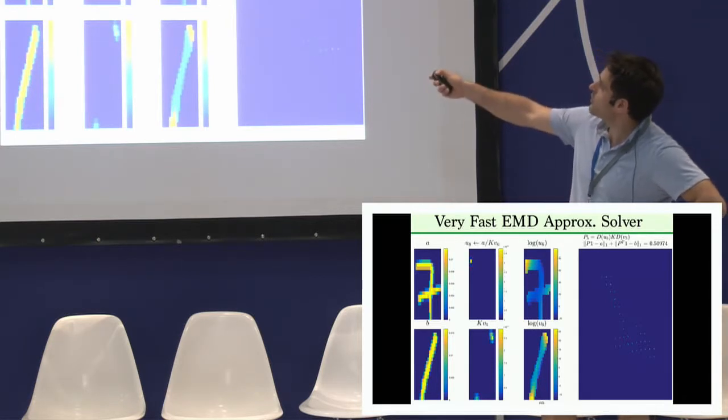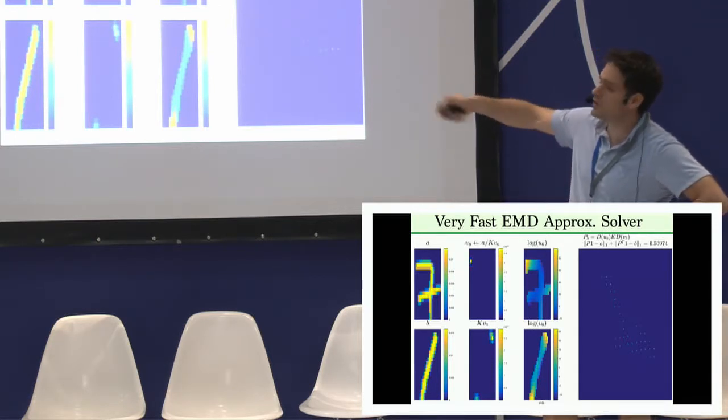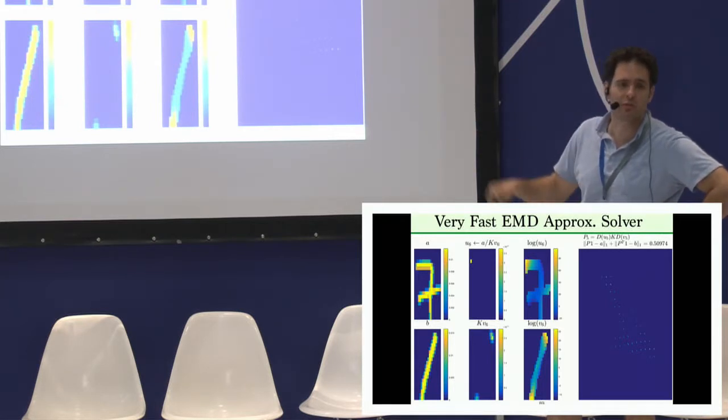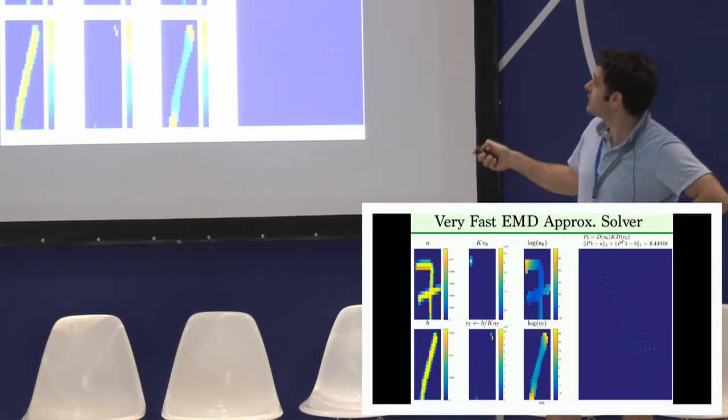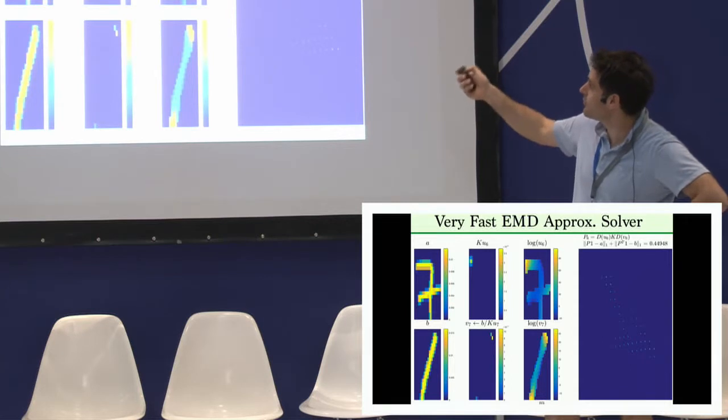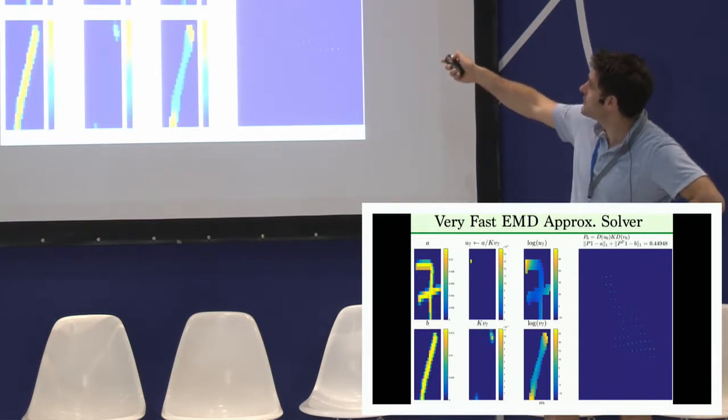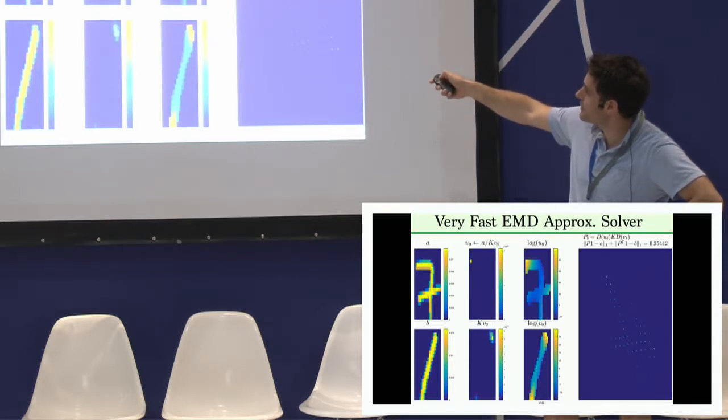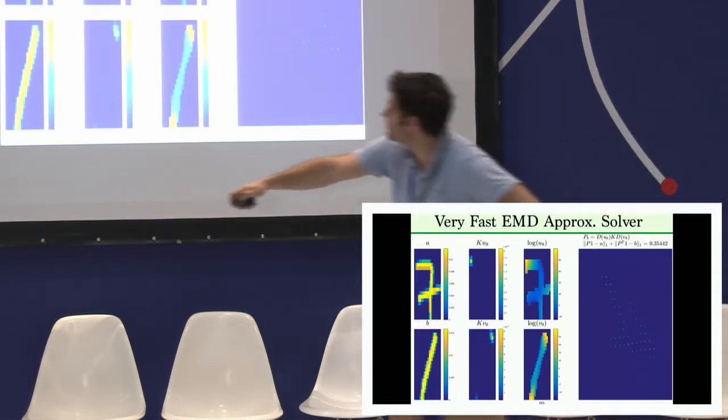Here I'm also measuring how far I am from the actual marginals that I want. This is a way to monitor the convergence. And so this is, let's say, 0.44. I'm decreasing how far I am from the real solution. Now, let me stop at iteration 20. I think 10. Sorry, I need to be a bit closer.